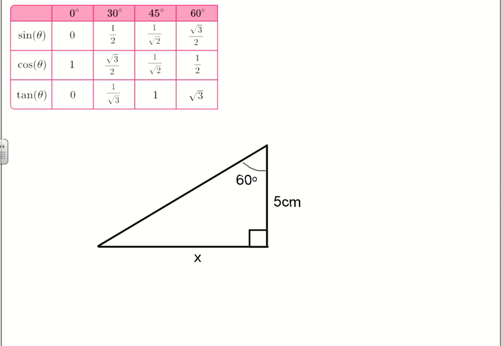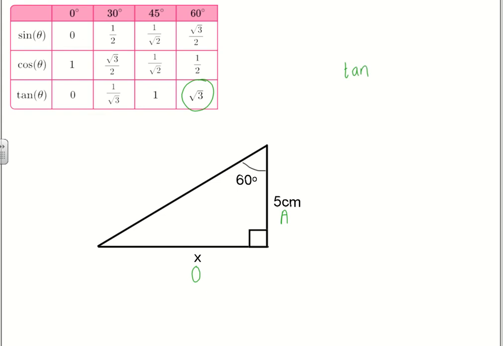Here's another one. This time I'm using a 60-degree angle, so make sure you're using that last column on the table. Here's my opposite, 5 is my adjacent. This is a tan question. So tan 60, I can see there is root 3. I'm going to need that in a minute.